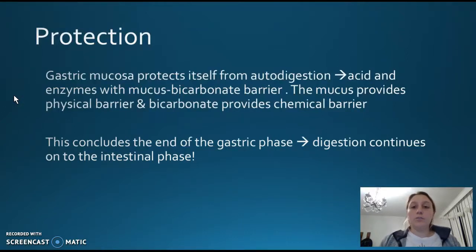Without a protective coat, what would stop the acid and enzymes from digesting the inside layer of the stomach? The mucus-bicarbonate barrier is responsible for the protection: the mucus provides the physical barrier, while the bicarbonate provides the chemical barrier. This concludes the gastric phase, and digestion will now continue into the intestinal phase.